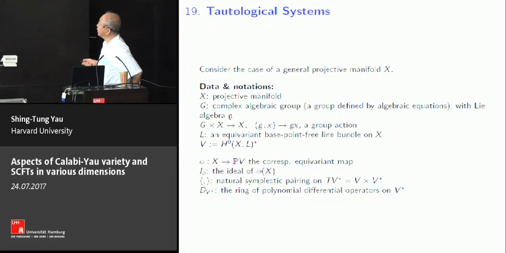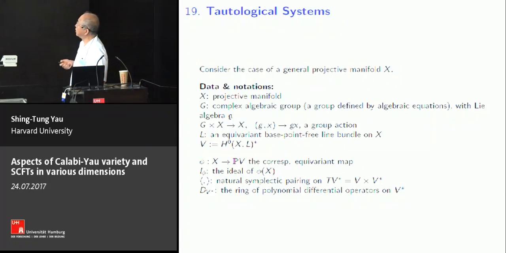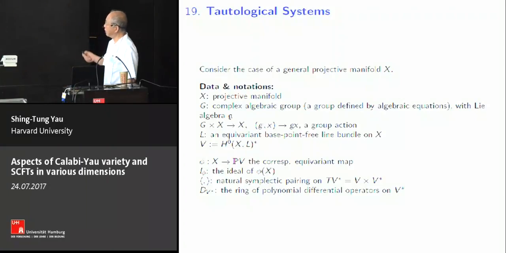And then, of course, we have a natural symplectic pairing between V and V star in a standard way. D V star is the ring of polynomial differential operators on V star. So these are the notations I hope you can remember.